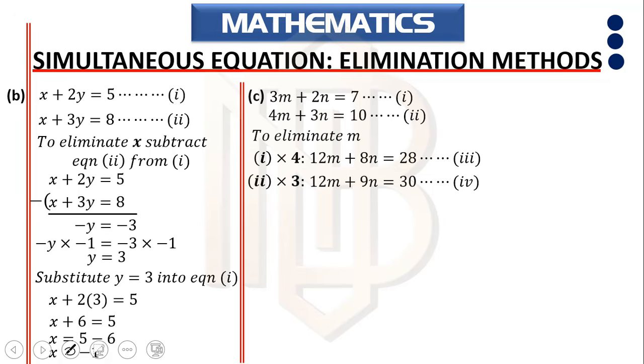Okay, so now that being said, since these coefficients are the same now, are we going to add or subtract? So we can say we subtract equation 3 from equation 4. Like I said, you can decide to subtract equation 4 from equation 3 or equation 3 from equation 4. But whichever way you are doing it, make sure you state it as appropriate. You will still get the same answer.